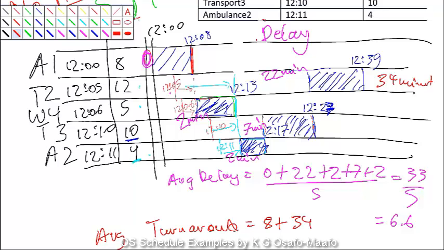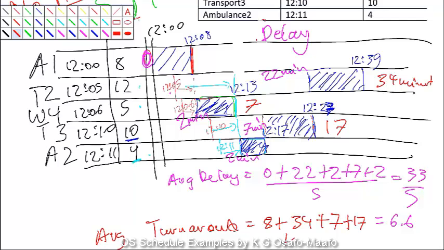Right, from 06 to 12:13, that's 7. Right, so from 10 to 27, this is for 17.